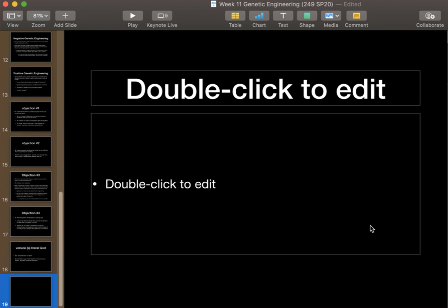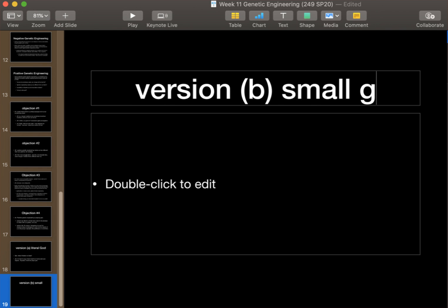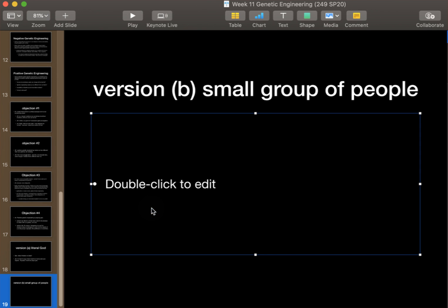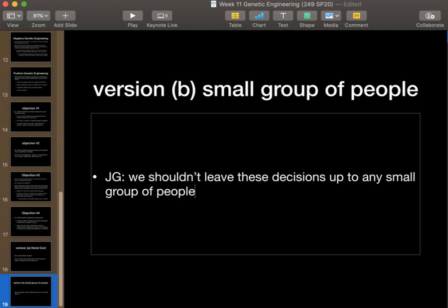All right. More interesting for us, I think, is version B. Version B, a small group of people deciding who gets what traits. Okay? So here, Glover's response is, I think, kind of interesting. He says, we shouldn't leave these decisions up to any small group of people.